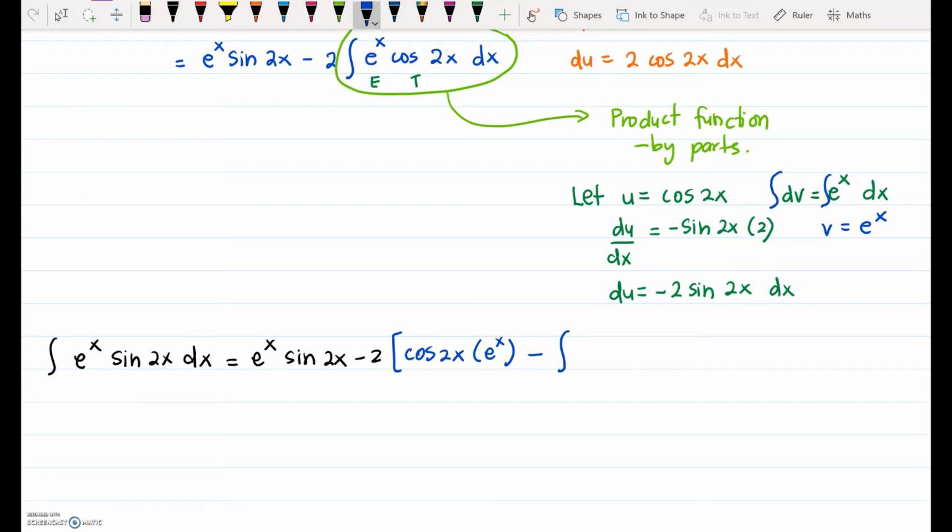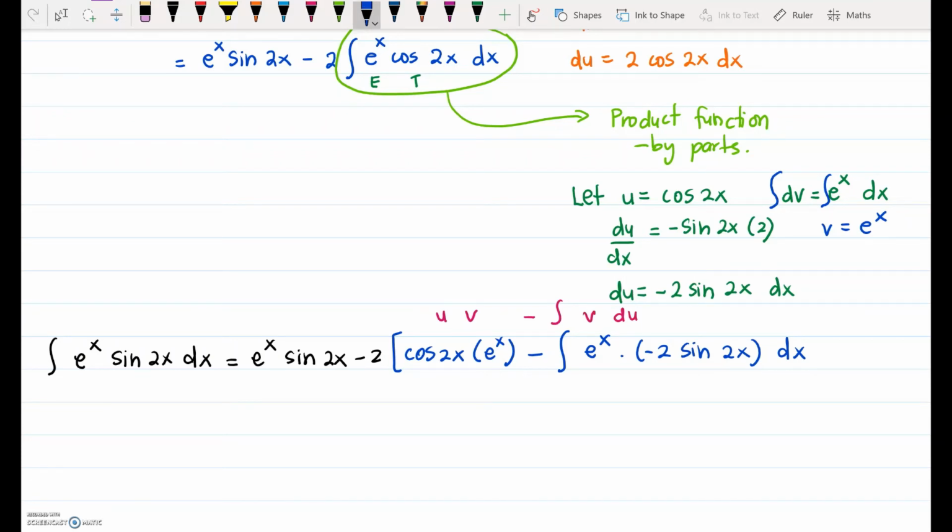What is your v? e^x, and your du is negative 2 sine 2x dx.